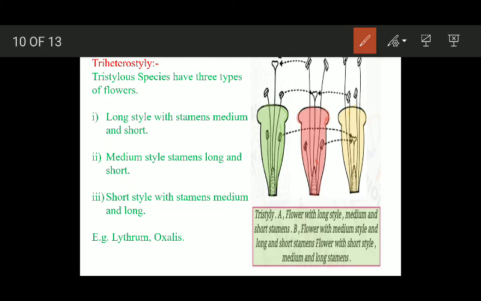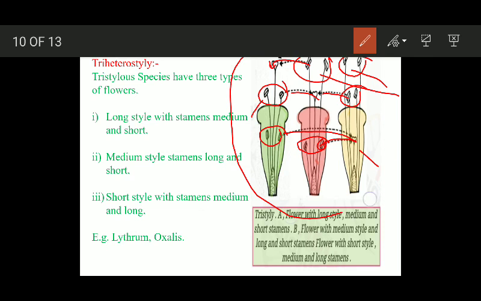Effective pollination occurs when the pollen grains produced in this group of anthers land on this stigma, and likewise for each of the other groups of anthers and their matching stigmas. Here at the top, the pollen grains produced in the long stamens of this flower, when they land on this stigma, cause effective pollination, and the same for the long stamens of this flower.